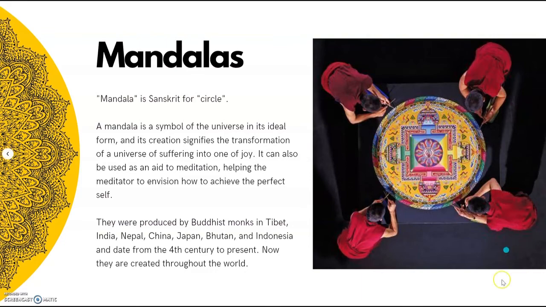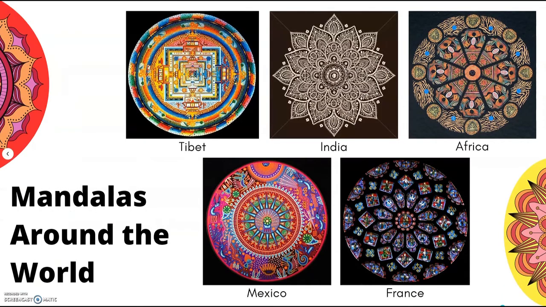Mandalas from around the world. So over here I found some examples from Tibet, India, Africa, Mexico, and France, where you can find these mandala designs where they're usually shaped in a circle or in a rounded shape, and most of the time people use intricate lines and designs and the use of a lot of different colors.